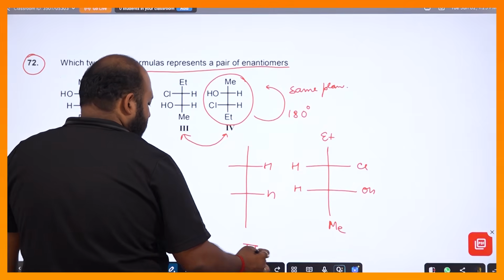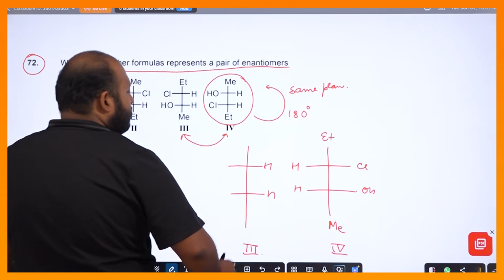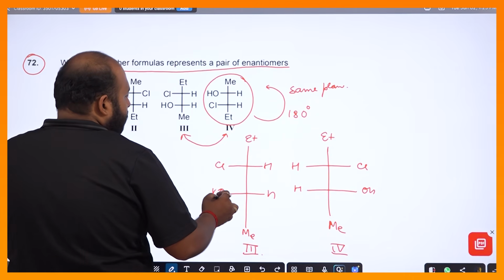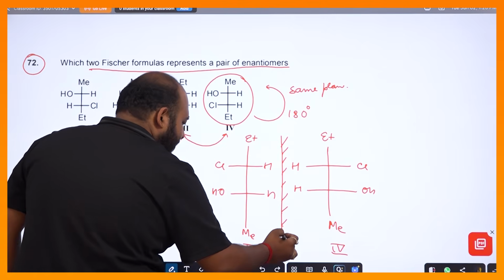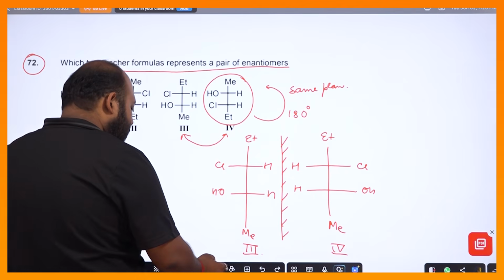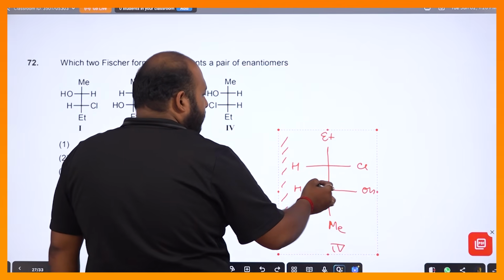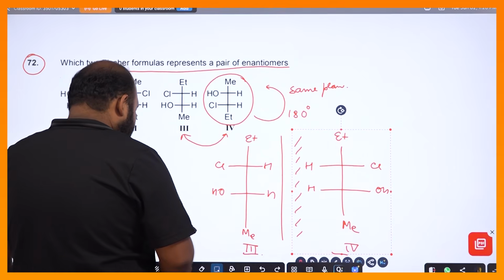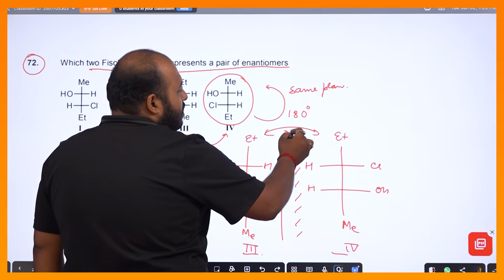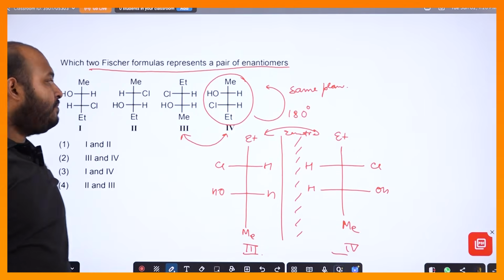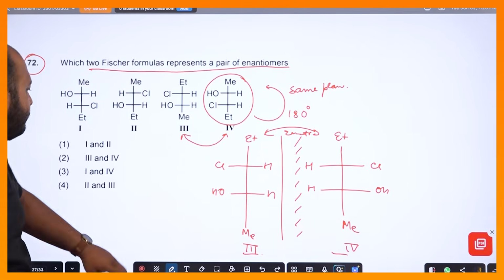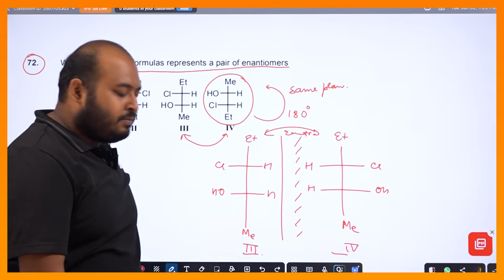This is 3, this is 4. I am drawing Et, Me, Cl, OH. As you can see, what kind of relation do they have? Mirror image relation. But are they superimposable? If you check it out, if you place it over here, the groups are not superimposing each other. So the relation will be enantiomer. So the correct option will be between 3 and 4. So option 2.